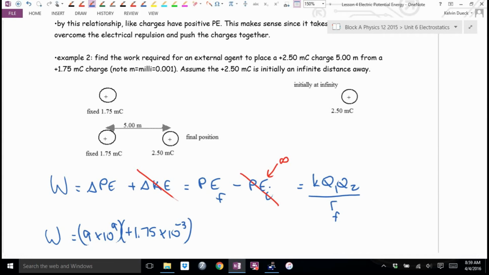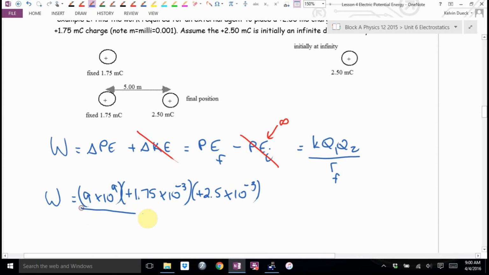And milli is 10 to the negative 3. What's the charge that we're moving, Jake? How big? 2.5 milli. So positive or negative? Positive 2.5. I'll never get tired of that joke. Times 10 to the negative 3. And then my final distance, Colin, what's my final distance? 5 meters. Oh, it is in meters. Look at that. See, I gave you a low ball.